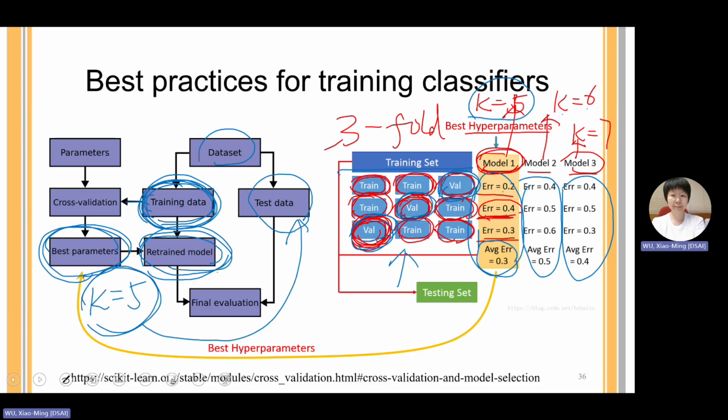This will be our unbiased estimation of the performance of the 5 nearest neighbor classifier. Of course, the k nearest neighbor classifier doesn't require any training, but if you use SVM, perceptron or decision tree, you need to train a classifier using training data.